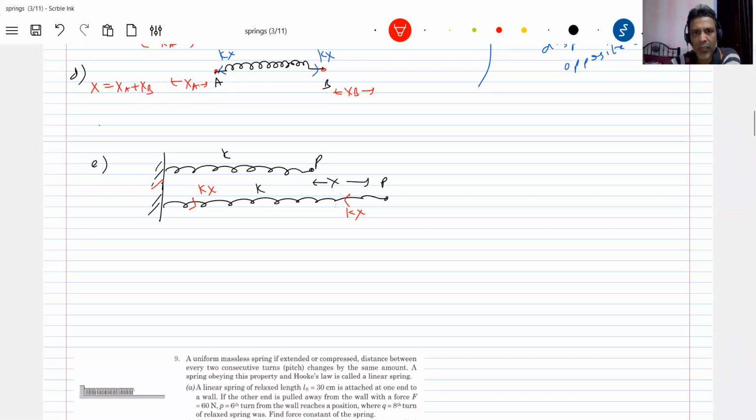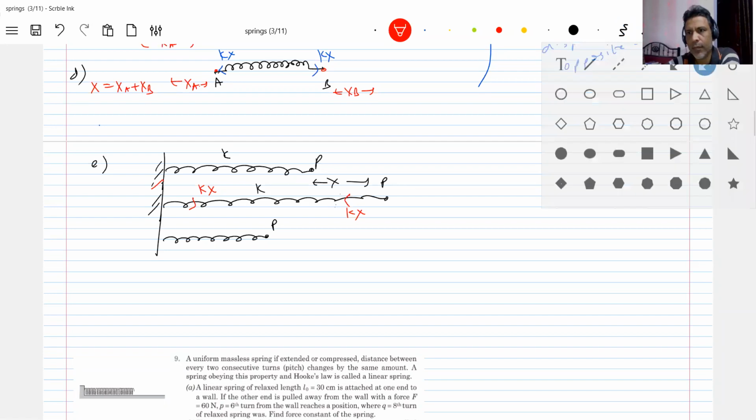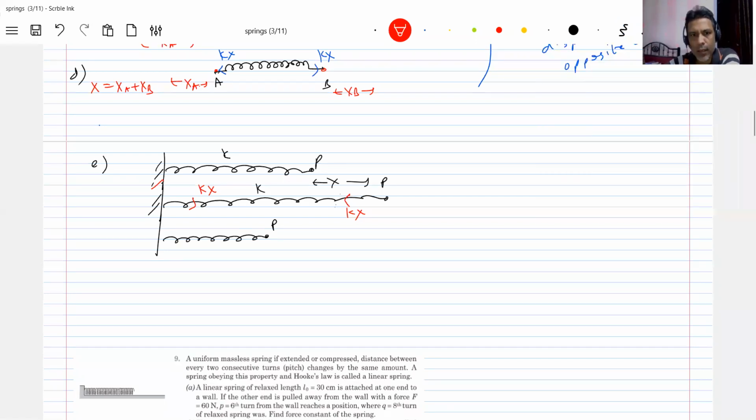So if it is compressed, then how much compression? The compression here is x. Then how much spring force?